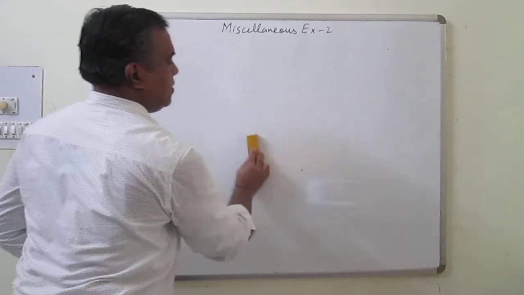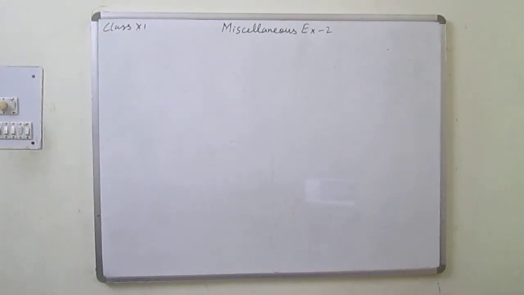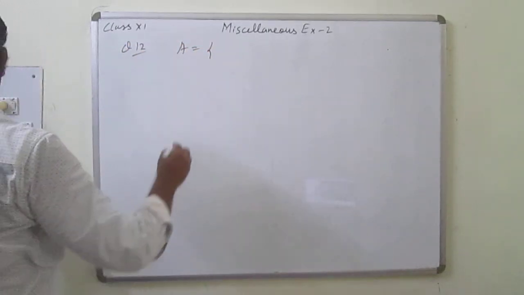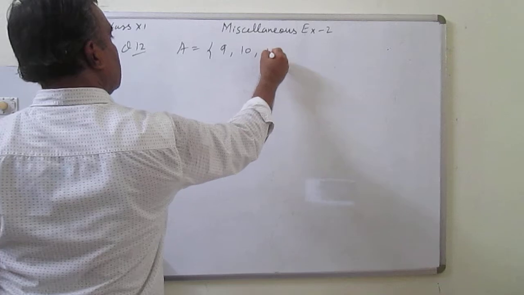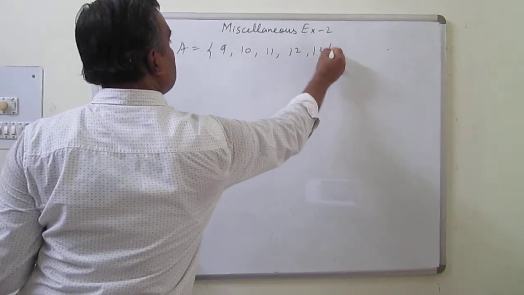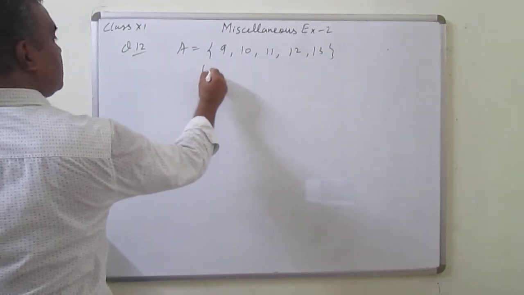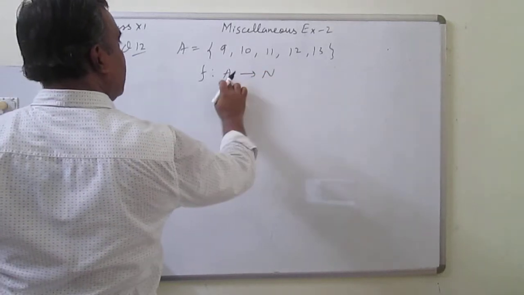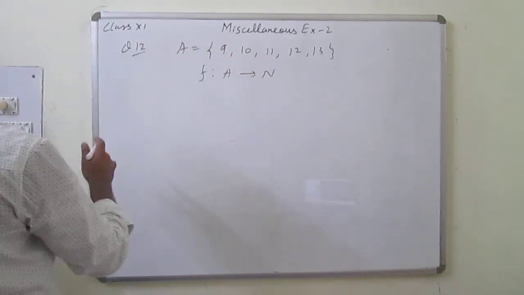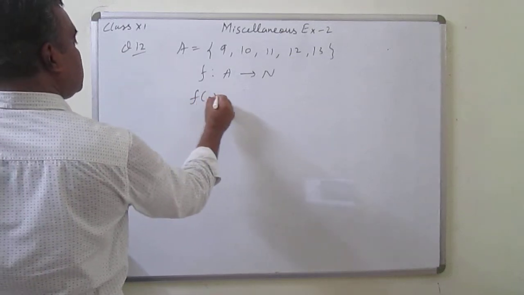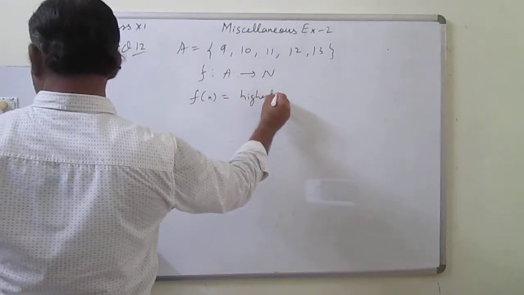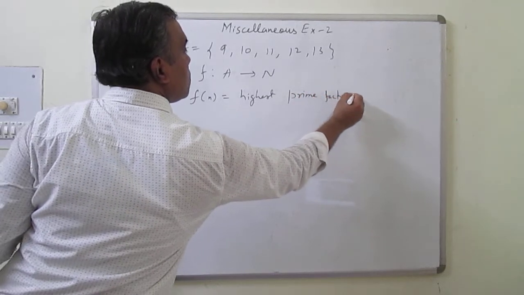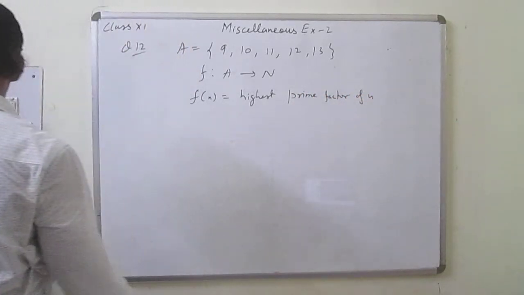Question number 12. A is given as {9, 10, 11, 12, 13}, and F is a relation from A to N, the natural numbers, defined by F(n) equals the highest prime factor of n.